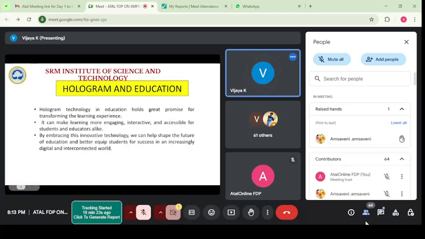So here, basically, what we can conclude is, if we are able to bring the holography technology into the education domain to its fullest concept, then it would be possible for us to have the world as a classroom, which means the professor could be anywhere and students also can be from anywhere and join.